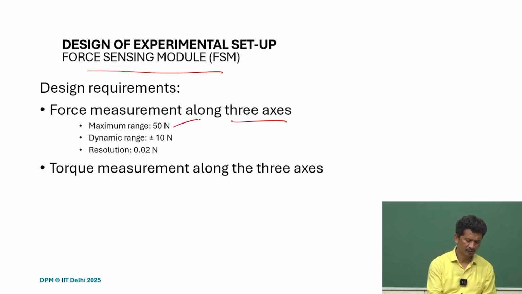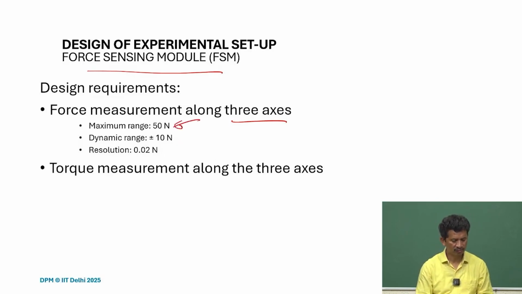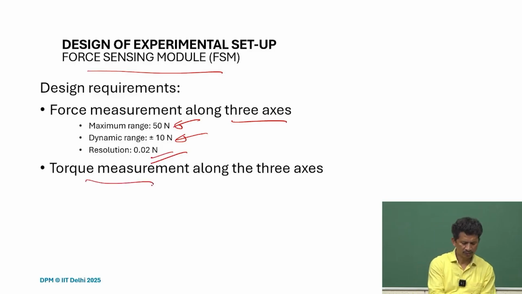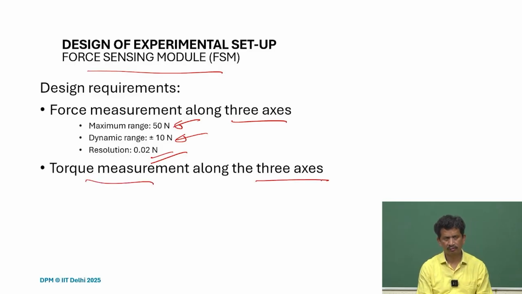So the maximum range is 50 Newton, and the dynamic range, when we translate, slide or rotate the instrument, we can expect some variation of that order. And the resolution, of course we wanted to measure it precisely, so we wanted a good resolution. We also want torque measurement, because it's rotating.